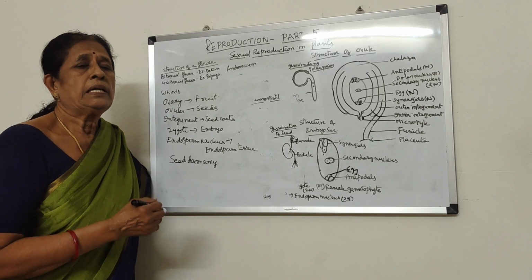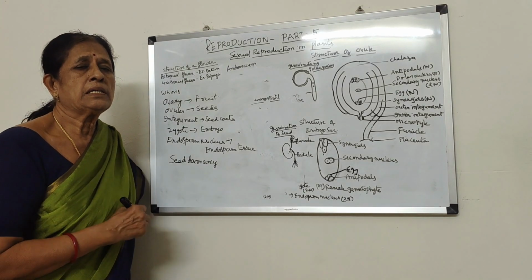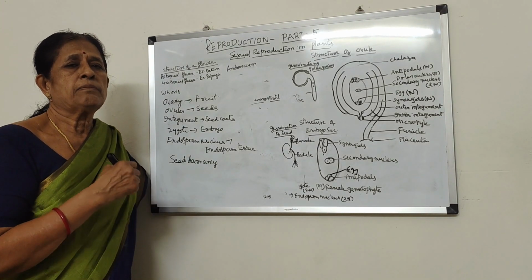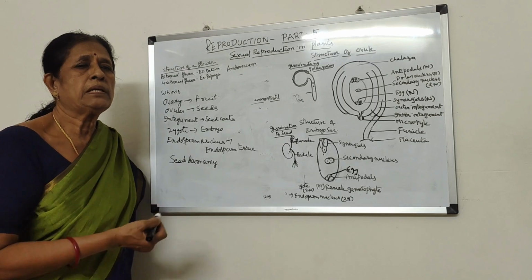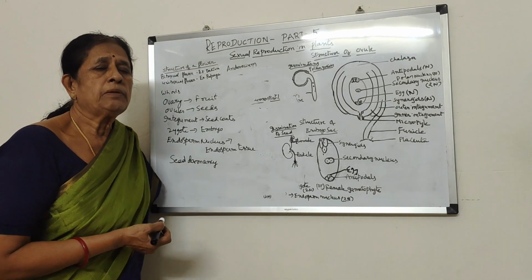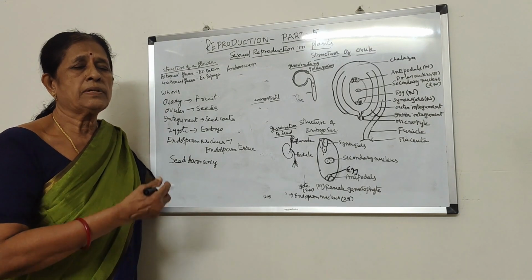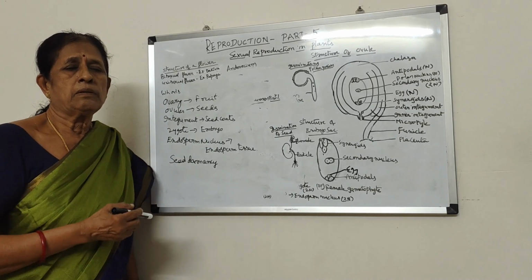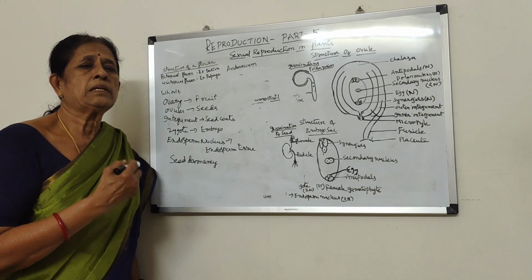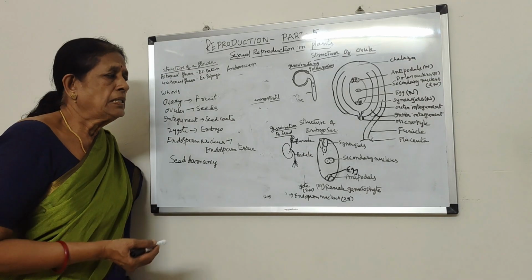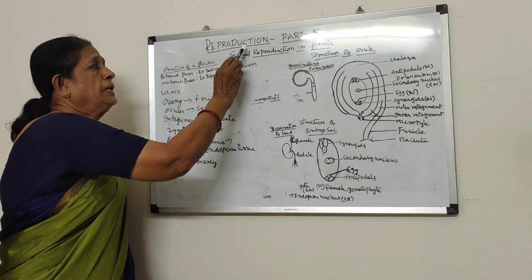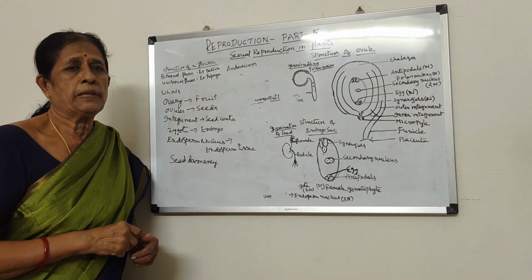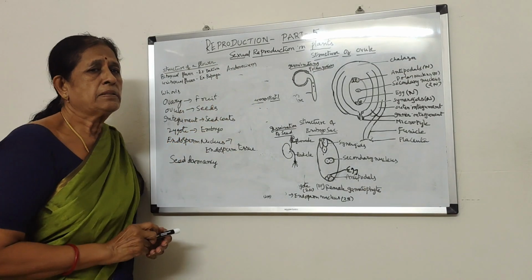Variations are seen, and nature will select the organism with good, beneficial characters and eliminate the organism with non-beneficial or weak characters. That is why there is every chance for the formation of a better generation. Generation after generation, better organisms are formed. That is the importance of sexual reproduction.